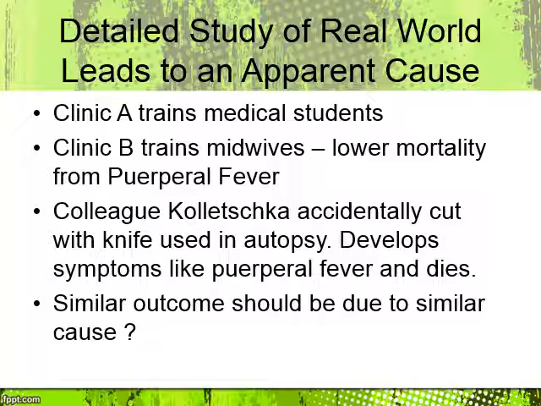So Semmelweis noticed that one of his colleagues was cut by a knife used in autopsy accidentally, and then he died from this cut, and he developed symptoms very similar to puerperal fever. So it led Semmelweis to think that if the symptoms are similar, then the cause should be the same.